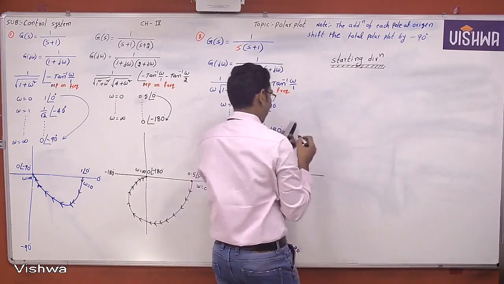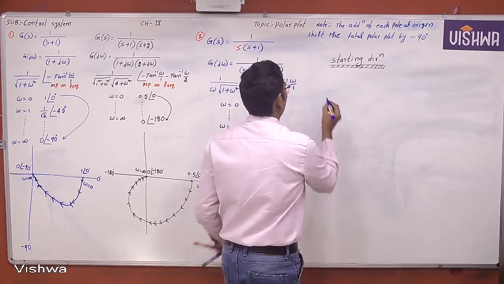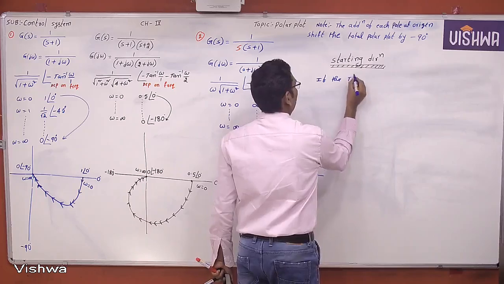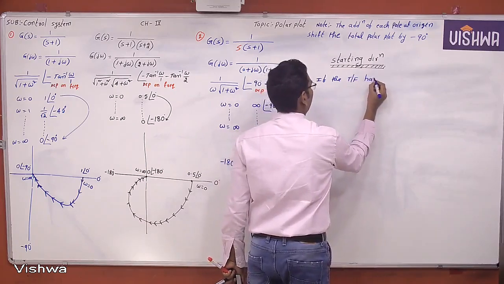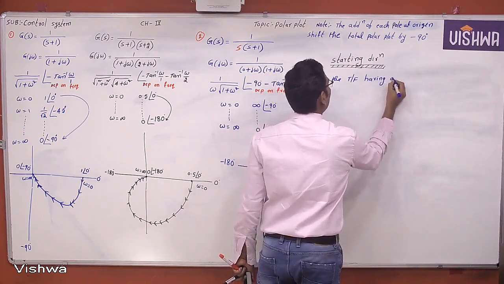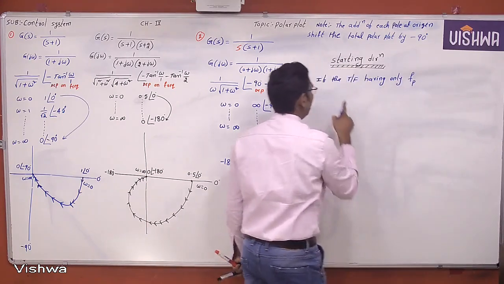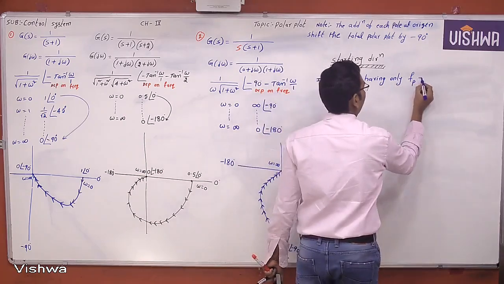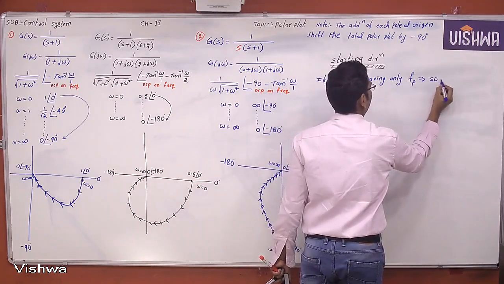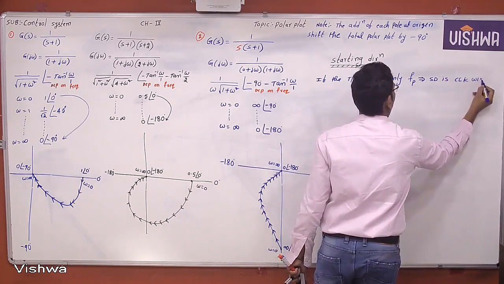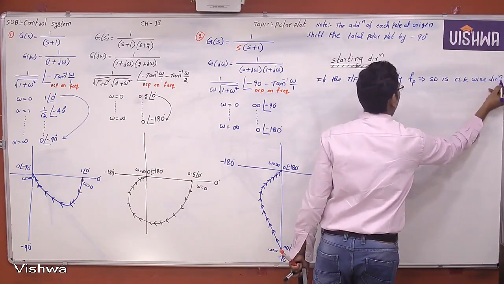Now see here. If the transfer function is having only finite pole, the starting direction is clockwise direction.